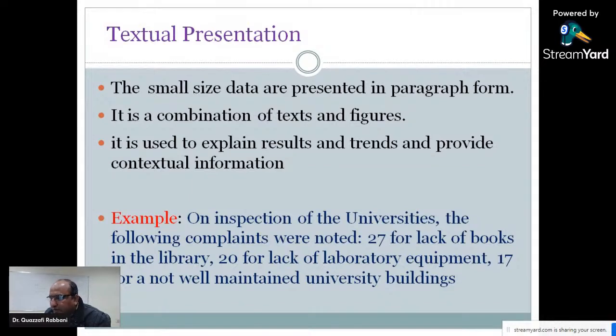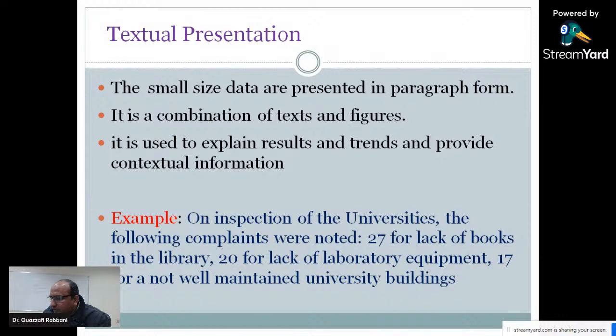For example, in textual presentation, data can be presented in text form. If we write on inspection of the universities, the following complaints were noted: 27 for lack of books in the library, 20 for lack of laboratory equipment, 70 for not well maintained university buildings.